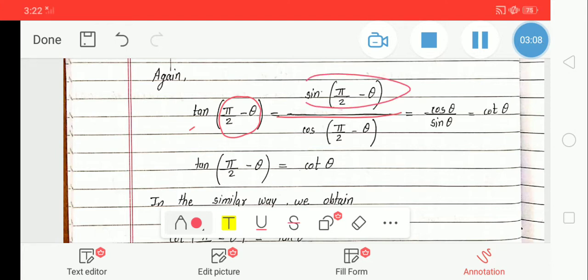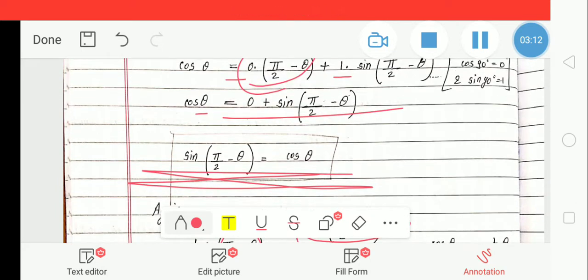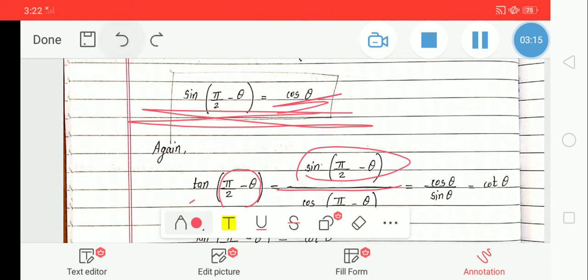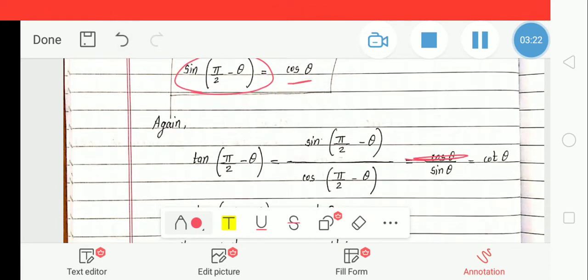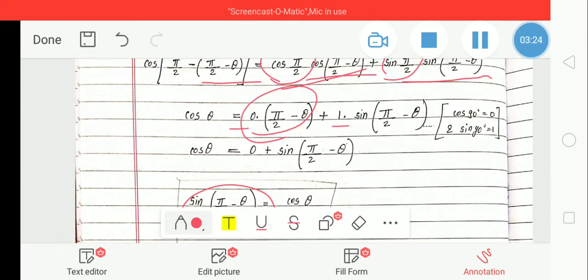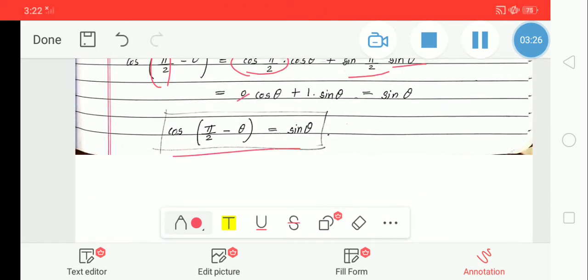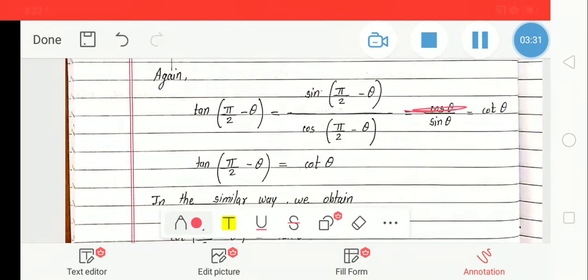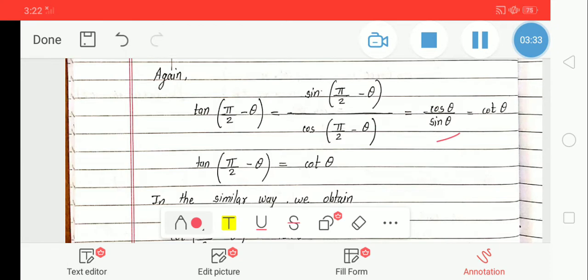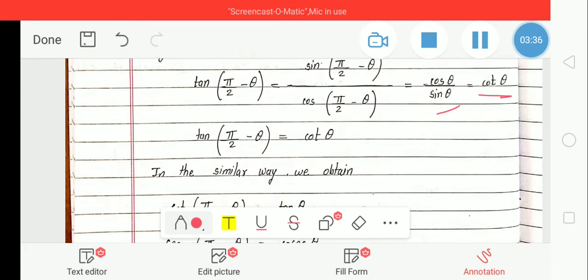We know that sin of pi by 2 minus theta is cos theta, and cos of pi by 2 minus theta means sin theta. So cos theta divided by sin theta means cot theta. So tan of pi by 2 minus theta is equal to cot theta. This is the formula.